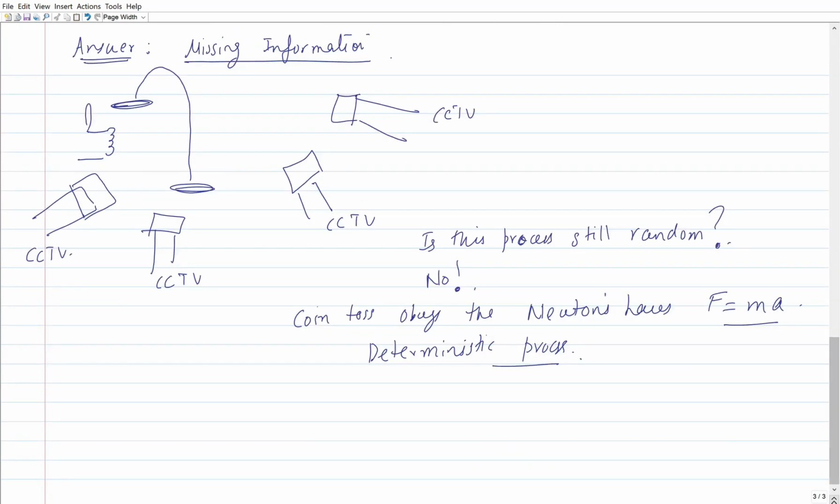So that's the central message, that in classical probability or in classical physics, if I know all the information, well, then there is no 50-50 chance.